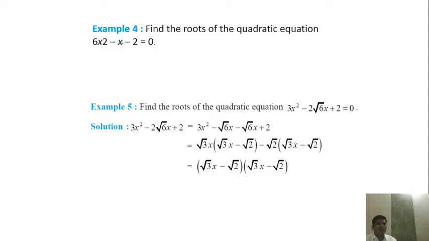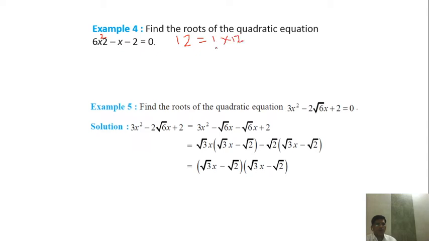6x square minus x minus 2, see it is square here. 6 twos are 12, so we have to make factors of 12. The middle term is minus and the last term is minus, so make the factors by subtraction.